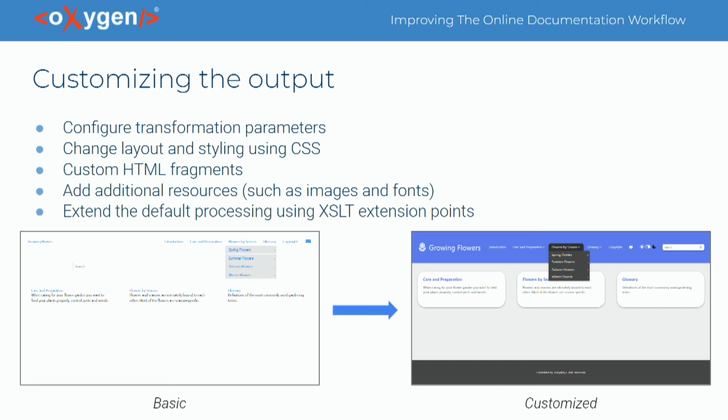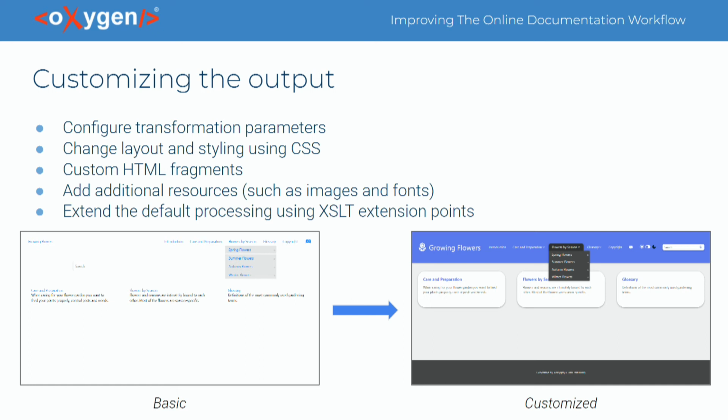You can use custom CSS files to apply custom styling on your output. You can embed custom HTML fragments and reference additional resources in your content, such as images, fonts, custom JavaScript or other resources.